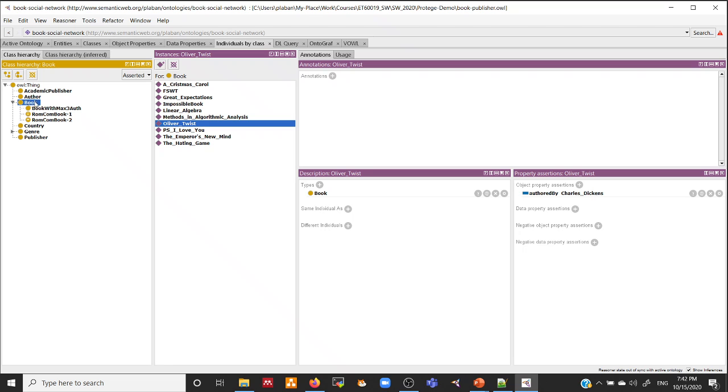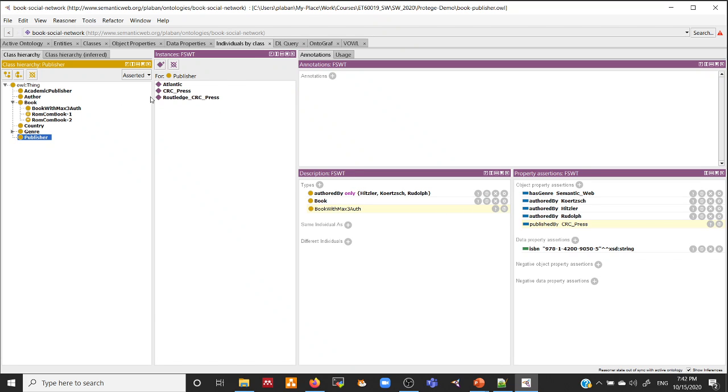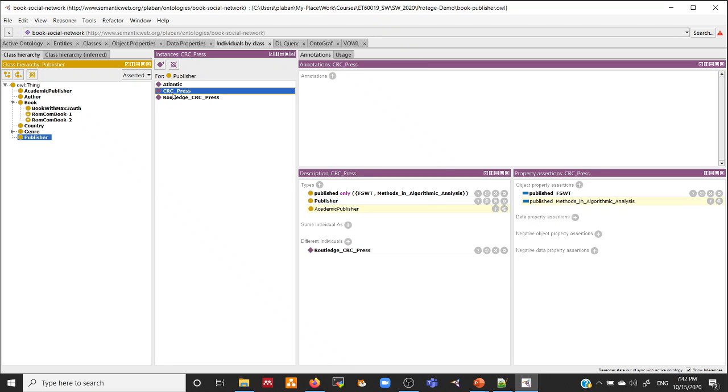So let us manipulate the data a bit. For this FSWT, let us remove this closure axiom, and also for a publisher like CRC Press, let us remove this closure axiom, right?